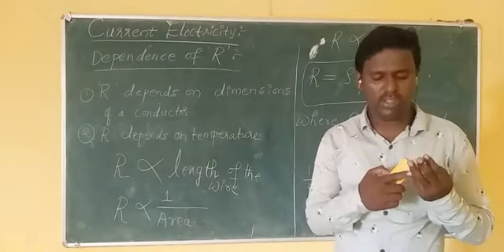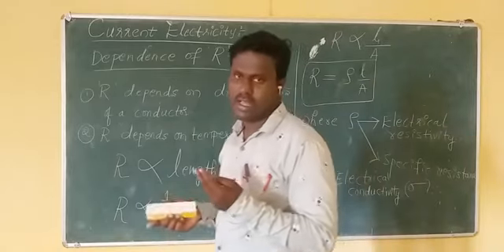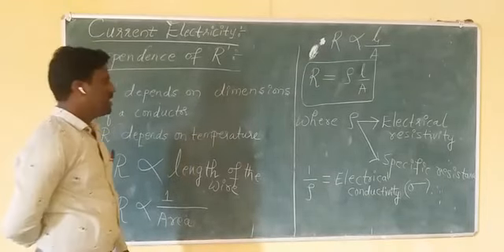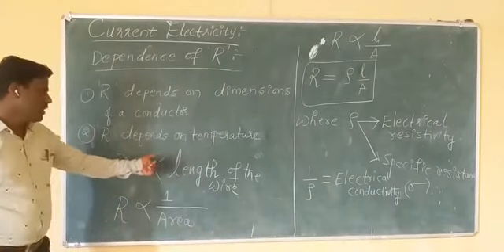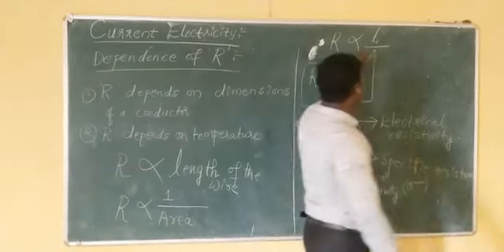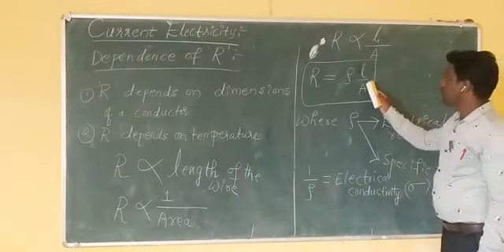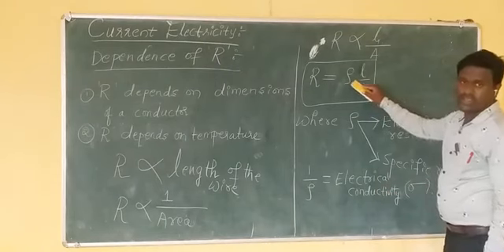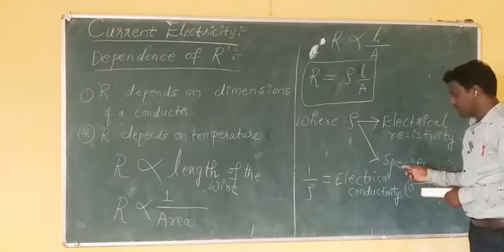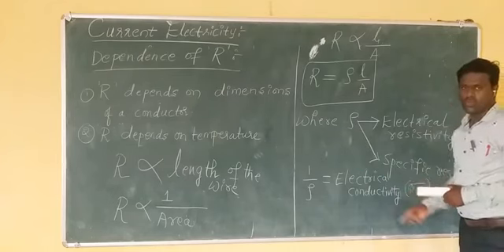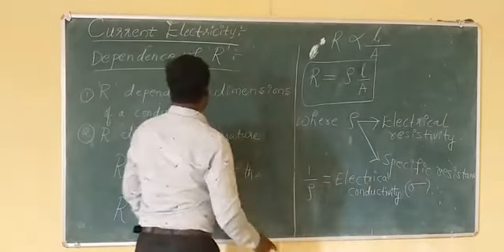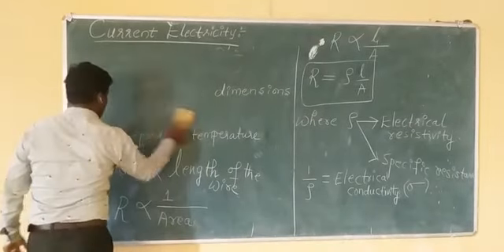Dimensions means which ones? Length and area. It depends directly on length and inversely on area. Called electrical conductivity sigma.